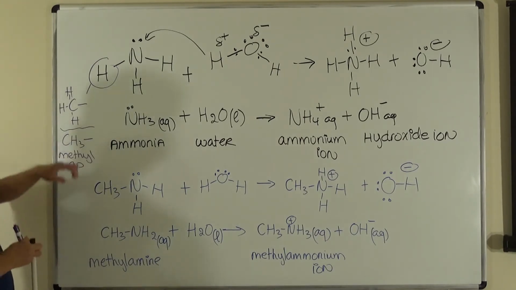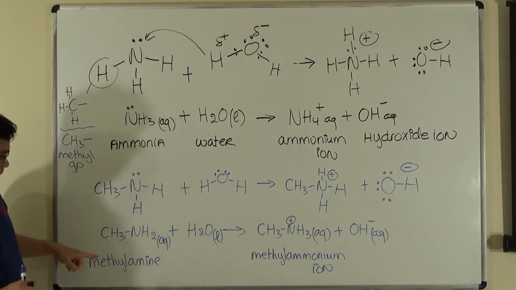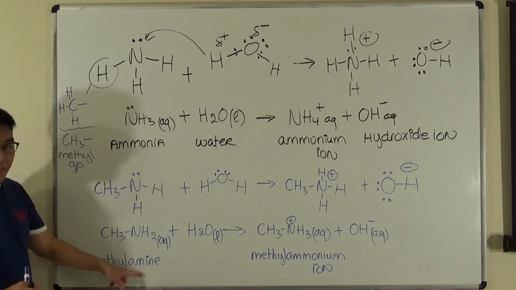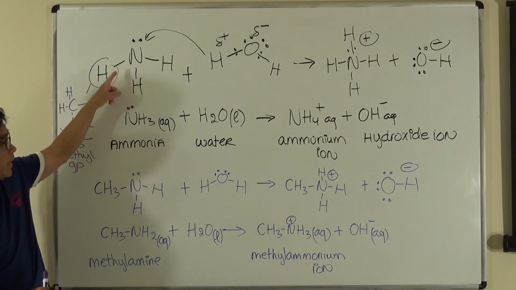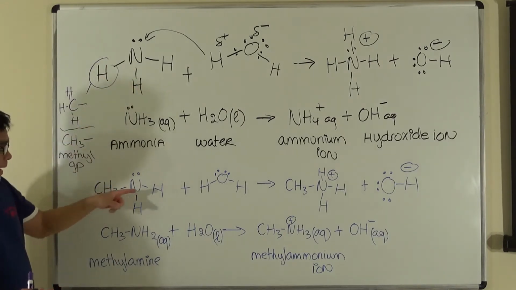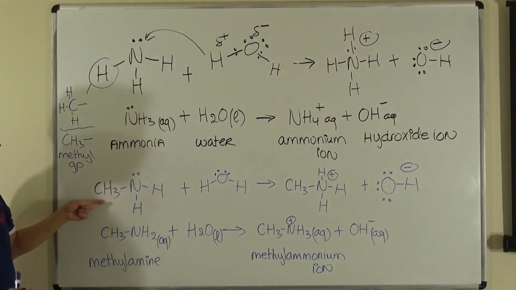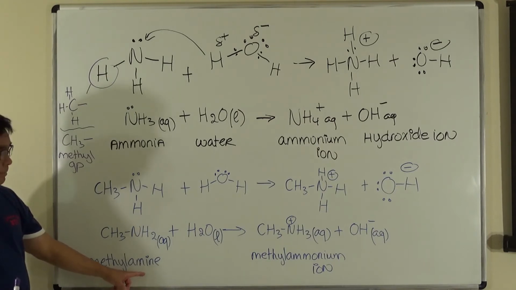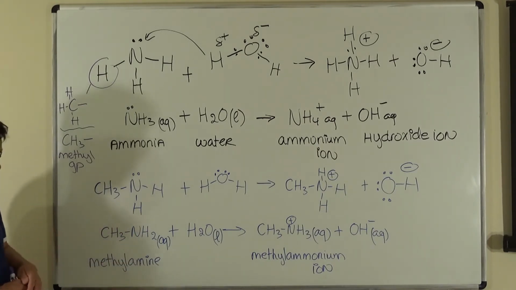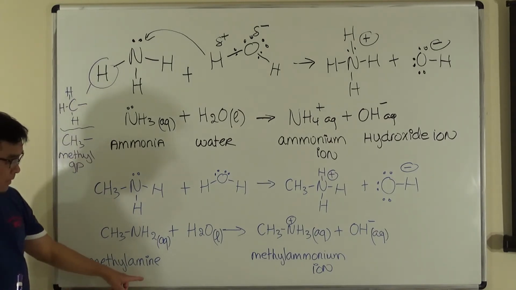So you replace that, and now it becomes methylamine. Any compound that derives from ammonia, where you replace the hydrogen with some other group, it can be a methyl group, it can be a bigger group, doesn't matter, becomes an amine compound. So amine compounds derive from ammonia. Here you have one methyl group, so you call that methylamine.